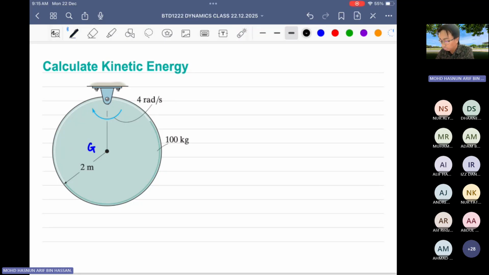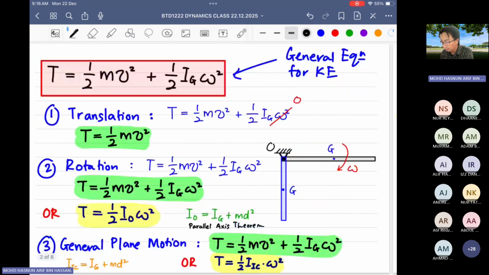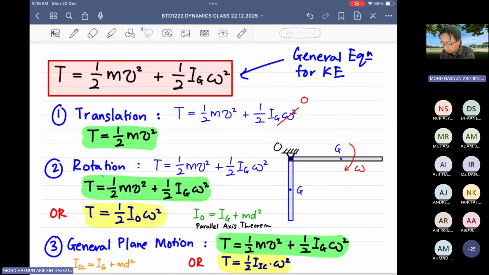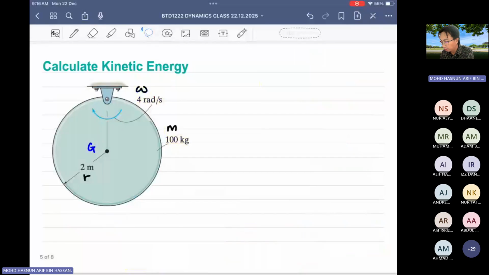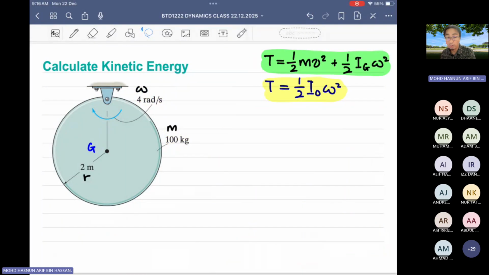We have a few values. The mass is given. The omega is given. We have here the value of R, 2 meter. So basically, we have almost all the values. Let's now copy the formula. I would like to show that we will solve this using the second formula only, which is 1/2 IO omega square.